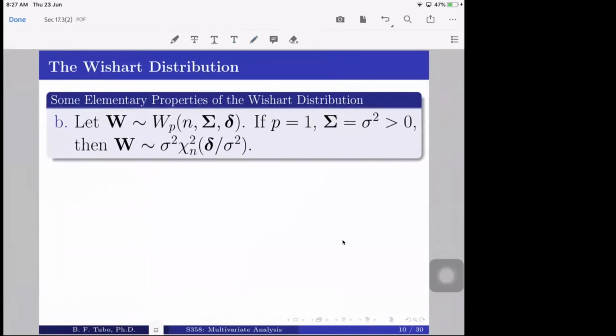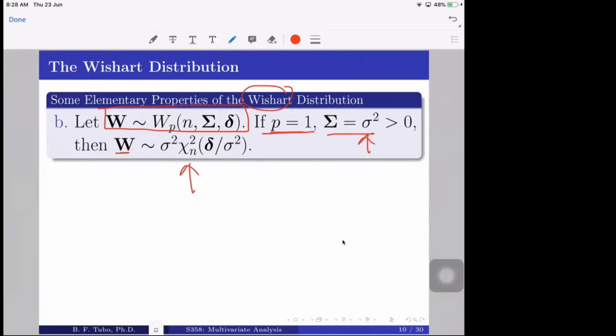Next, if we have a W, or a random matrix which is distributed Wishart, and this time we have p equal to 1 and sigma is just equal to sigma squared, then the W will simplify to a chi-square distribution.